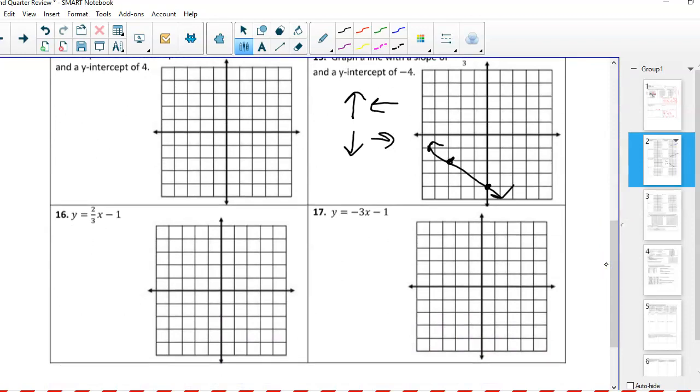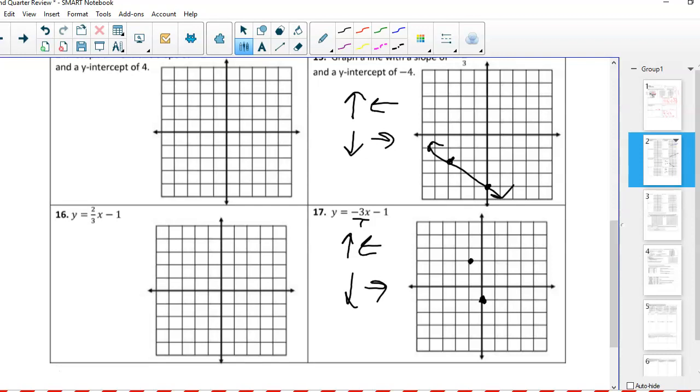For 17, where would we start? The y-intercept, which is -1. And then we have, again, a negative slope, so up and left or down and right. Remember, we can't go left and then up or down. We can't go right and then down. We have to go vertically first. Remember that anytime you have a whole number, it's really over 1. So we can go up 3 and left 1, or we can go down 3 and right 1.